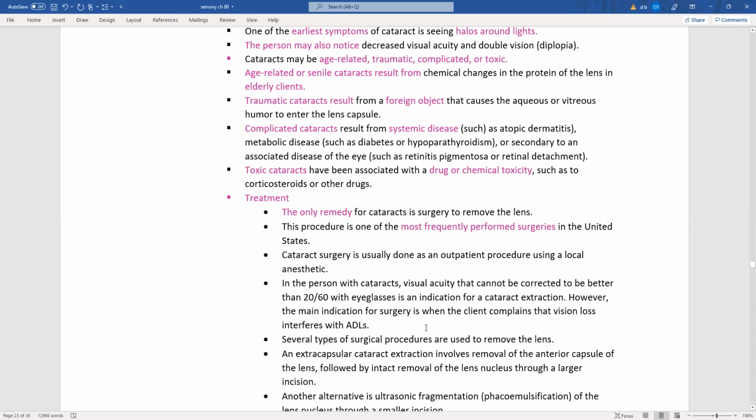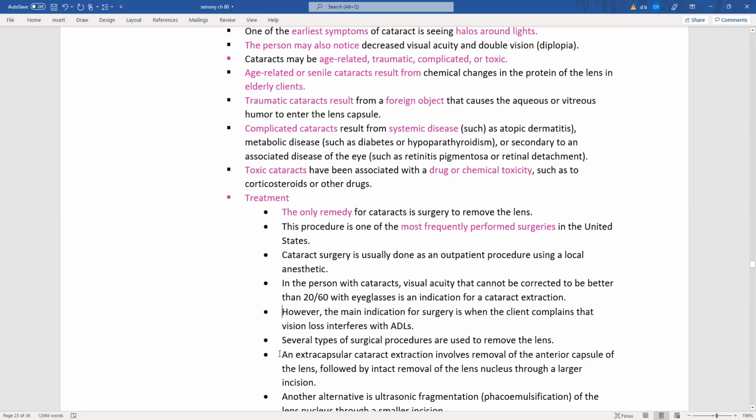A visual acuity that cannot be corrected to better than 20/60 with eyeglasses is an indication for a cataract extraction. However, the main indication for surgery is when the client complains that vision loss interferes with activities of daily living.